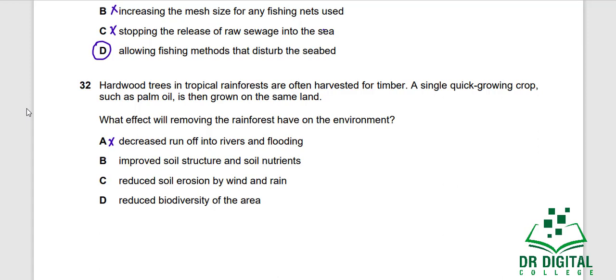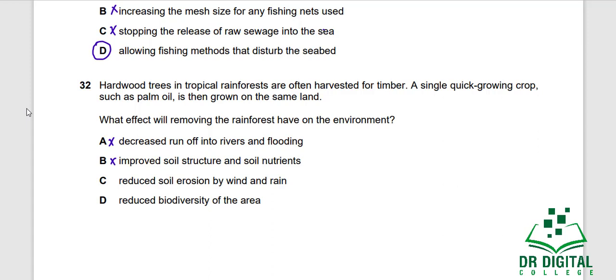Okay, improved soil structure and the soil nutrients. No, the soil structure and the soil nutrients will not be improved, they will be rather decreased. The forest is improving the soil structure, for water holding capacity is increased and so on. C is reduced soil erosion by the wind and the rain. You know that when the crops are there, they are regularly removed, they are regularly cultivated again.